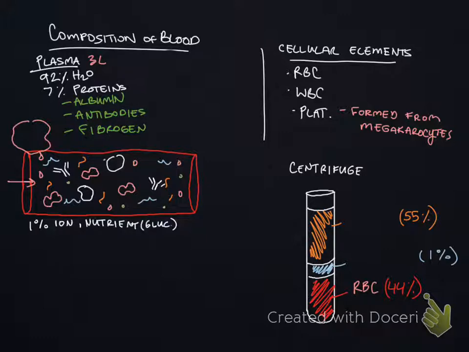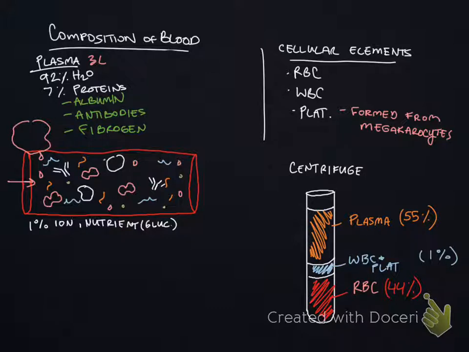In the middle line, we have white blood cells and platelets. And then at the top, the lightest, the least dense, we have plasma, which makes up 55%. Okay? So the reason they do this is, one, to separate the components of blood, but measuring the amount of red blood cells can give you what's called the hematocrit.